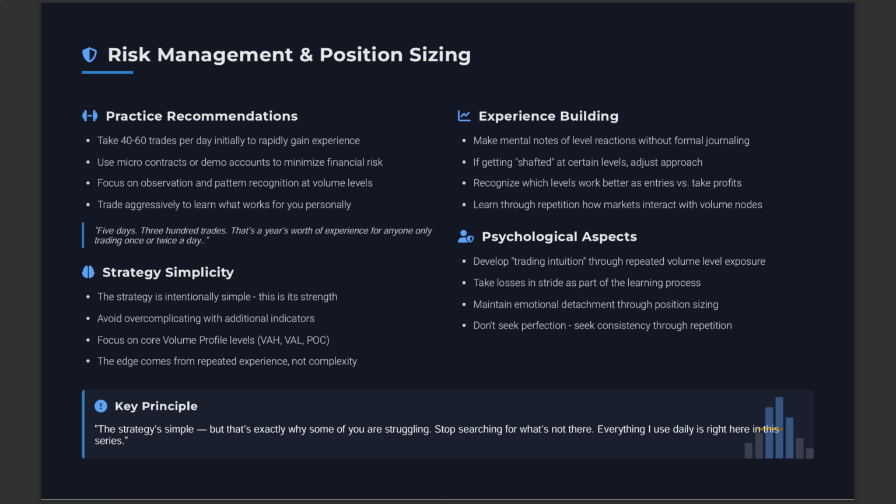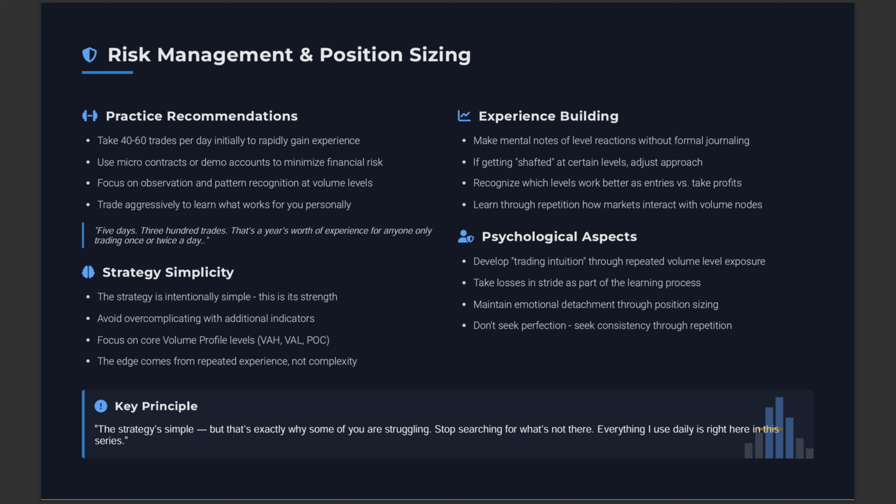Make mental notes as you trade. If you keep getting stopped out at point of control levels, maybe they work better as take profit targets for you. If value area high consistently provides good short entries, lean into that. Everyone's trading personality is different. Position sizing should keep you emotionally detached.